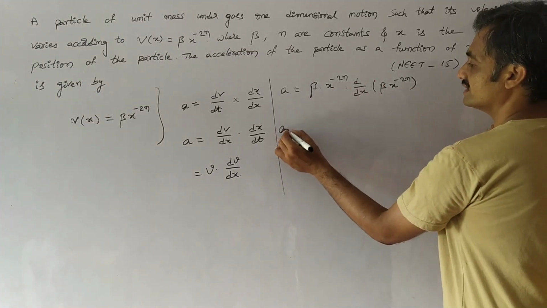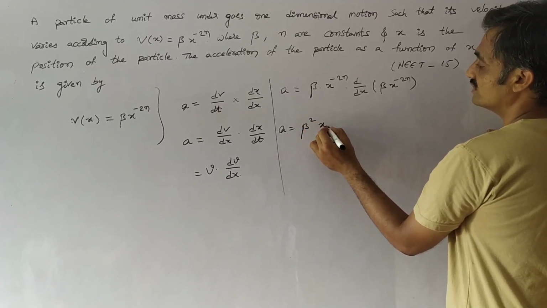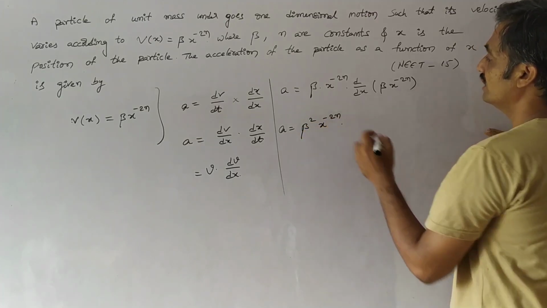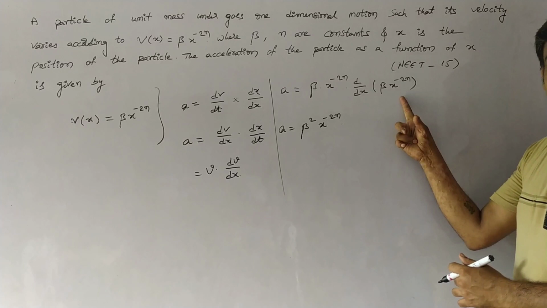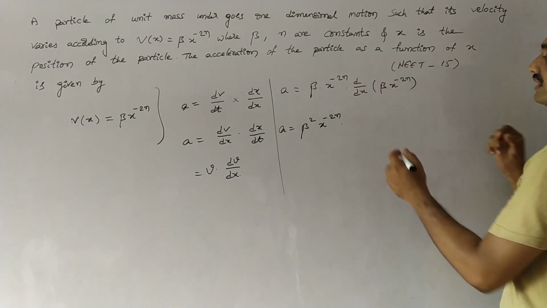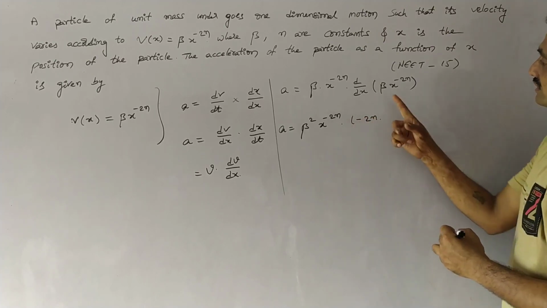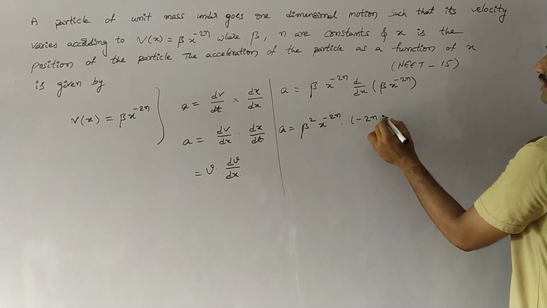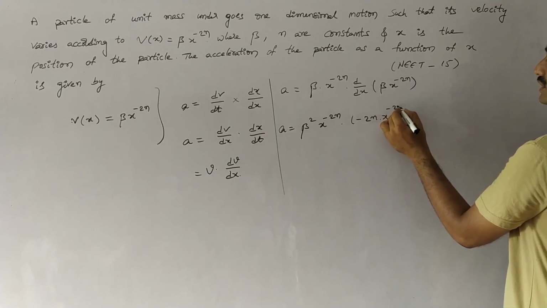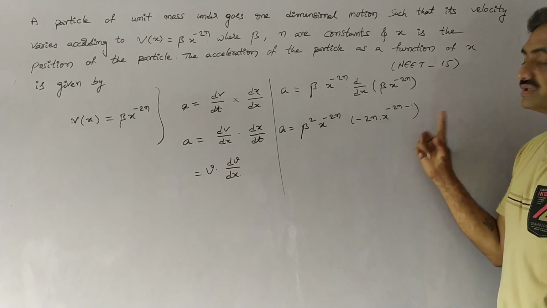Then we can write it as a equals beta into beta square into x to the power of minus 2n into d by dx of x to the power of minus 2n. Here first we differentiate for power, then we can write it as minus 2n into x to the power of minus 2n minus 1.